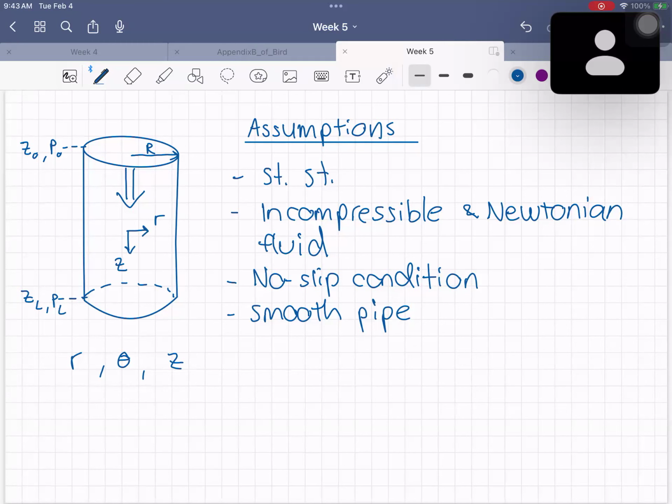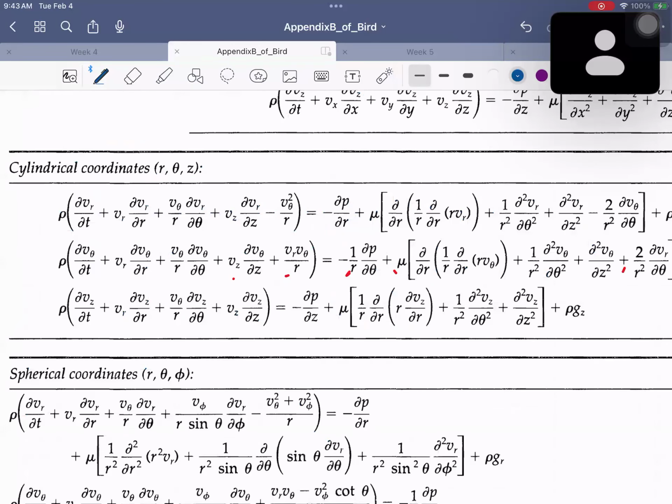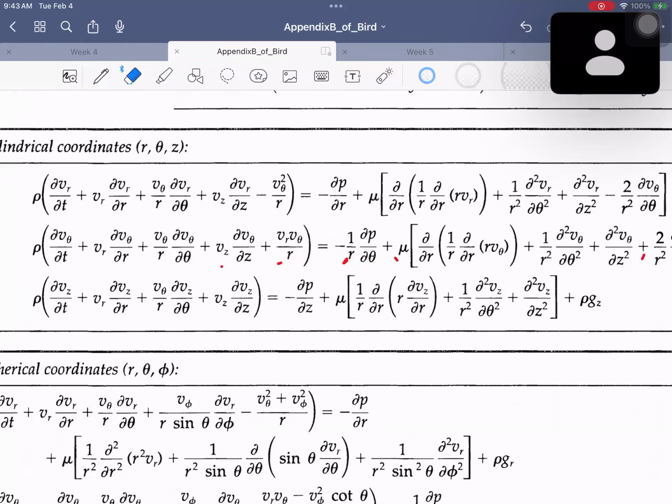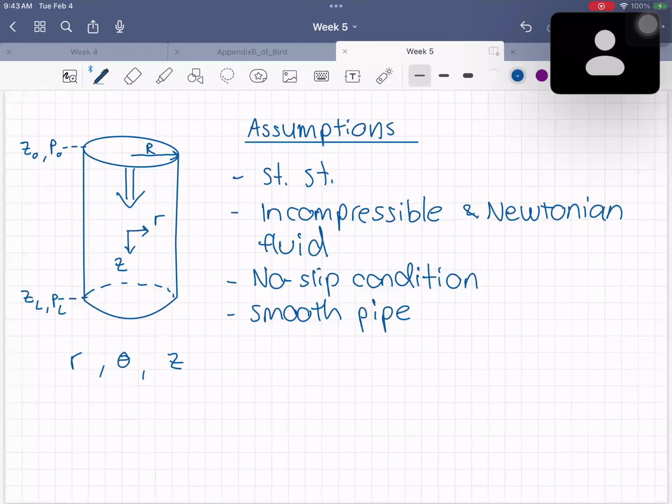Looking at this equation, you see that we will have a lot of velocity in each direction. We are going to have Vr, V theta, and Vz in the equation. Let's see if we have all these three velocities.